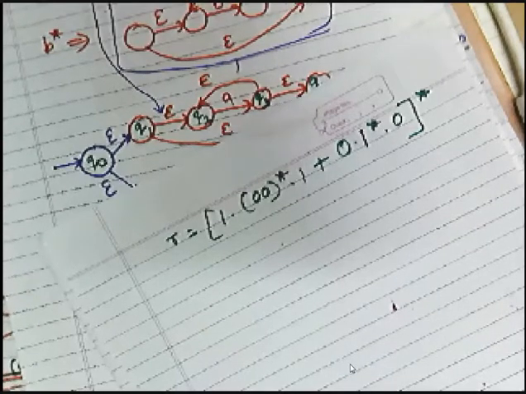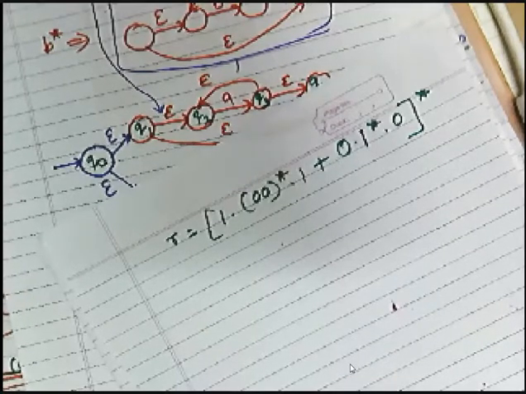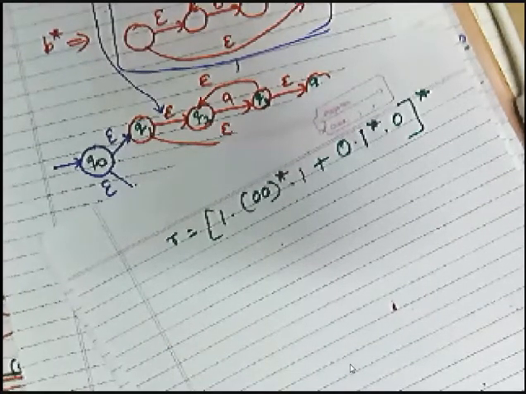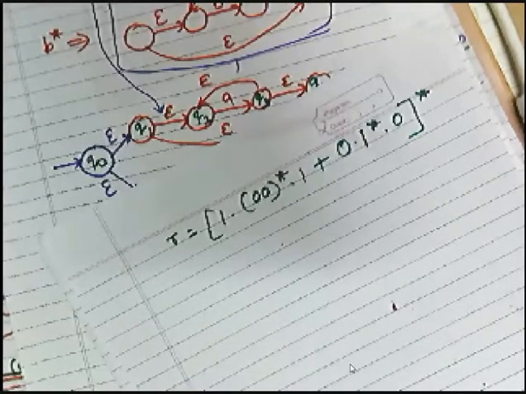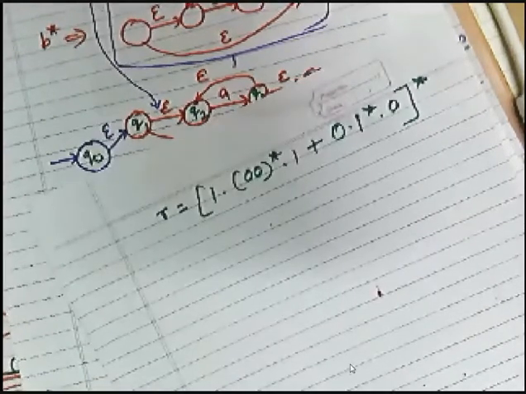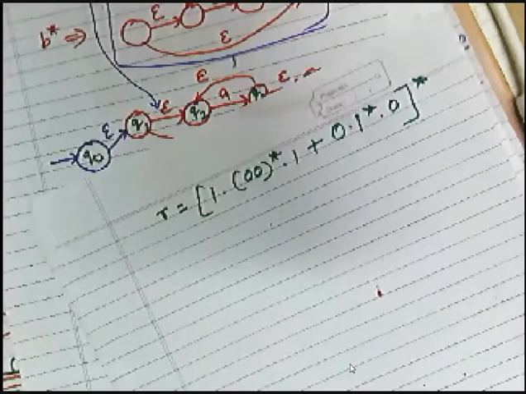Very first, the priority is to the star, then the plus, and then the dot. In this way you have to treat the different expressions. Now you have to convert this particular expression to NFA with epsilon move, right?